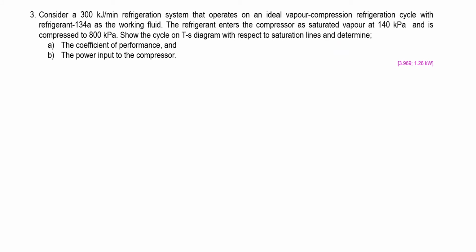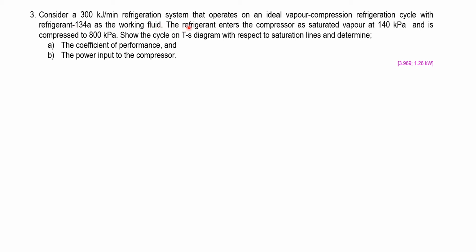Now let's go to question number 3. Question number 3, we have 300 kilojoule per minute. Now remember again, this is per minute. You must change this to per second. So you have a 300 kilojoule per minute refrigeration system that operates on an ideal vapor compression refrigeration cycle with R134A as the working fluid.